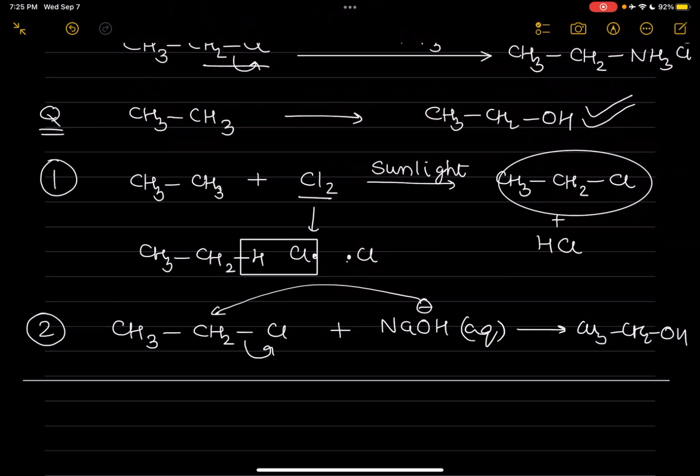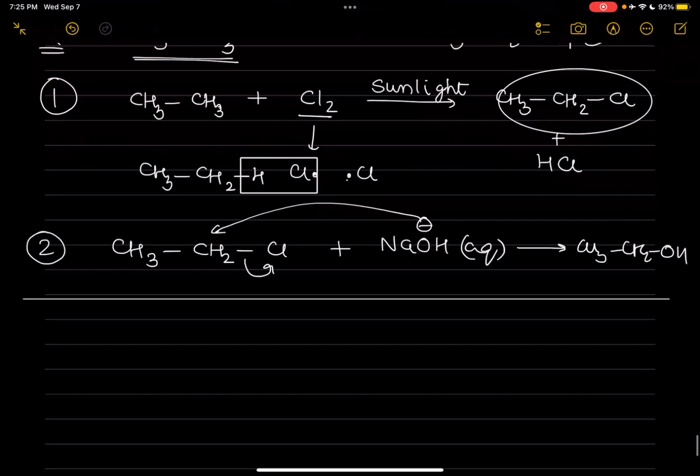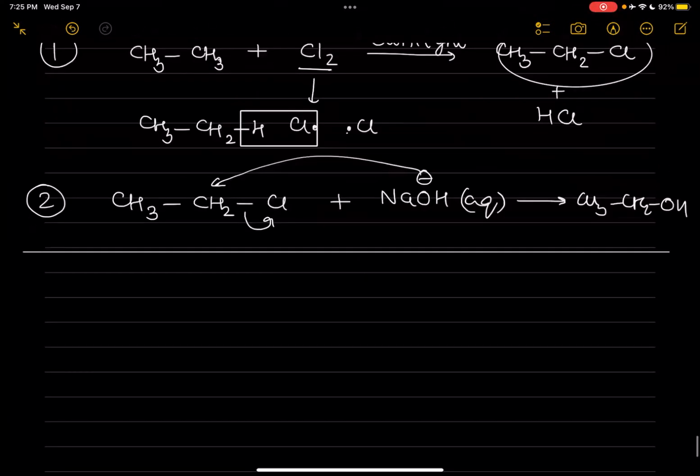And if you are given an alkane, you can convert it to alkyl halide very easily by reacting it with halogen and sunlight. That is called photohalogenation, meaning halogenation of alkane in the presence of light. And once you have the halogen, that halogen group can be displaced very easily, or substituted very easily. So you have that substitution reaction happening. Okay, clear?